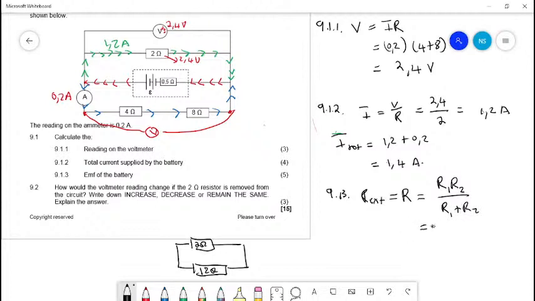That equals 2 times 12 over 2 plus 12, and this will give us an answer of 1.71 ohms.